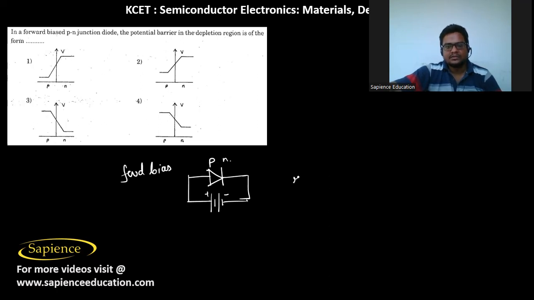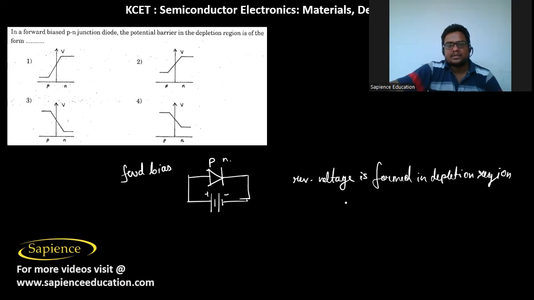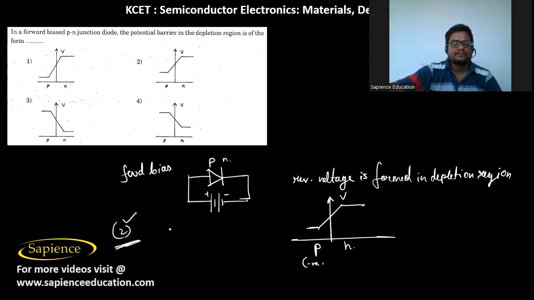The P side has negative potential with respect to the N side. So option 2 is the correct answer.